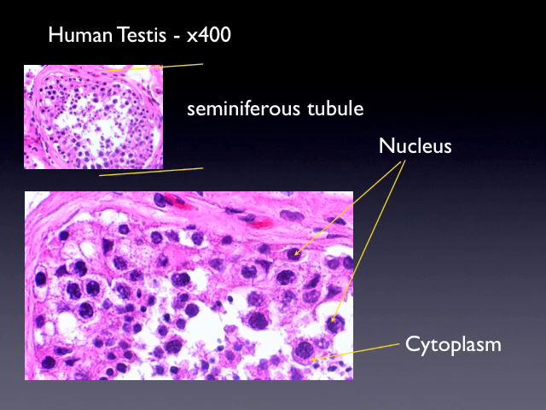Again here, this is the seminiferous tubule, and that's where the sperm are produced inside there. As they grow into the centre here, they become mature, whereas at the side here they're immature. Do we know what diploid and haploid is? No. Right.